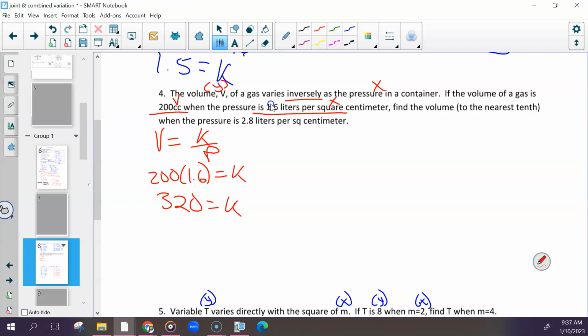Then we can put that value back into our equation. V equals 320 over P. Find the volume to the nearest tenth, so it might be a decimal, when the pressure is 2.8. So V equals 320 over 2.8. Divide that, see what you get.